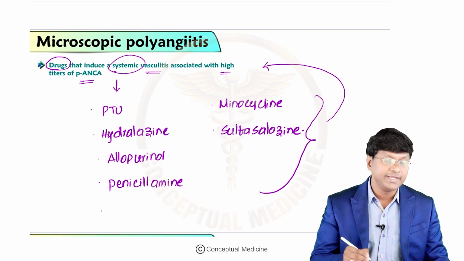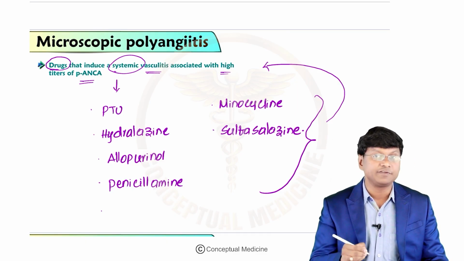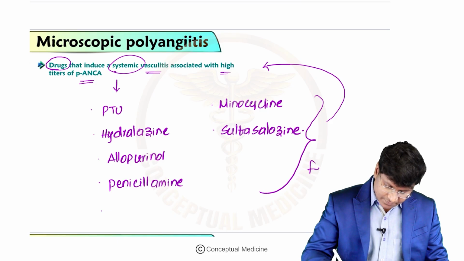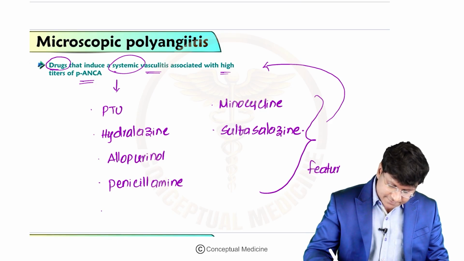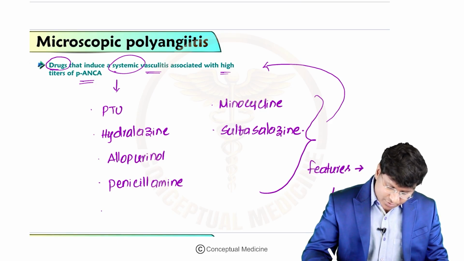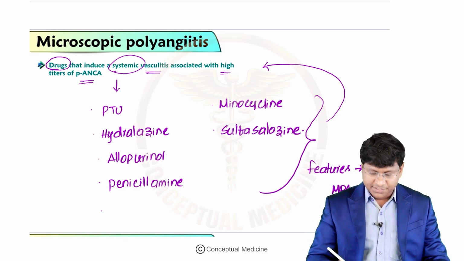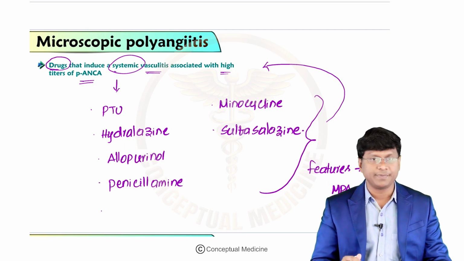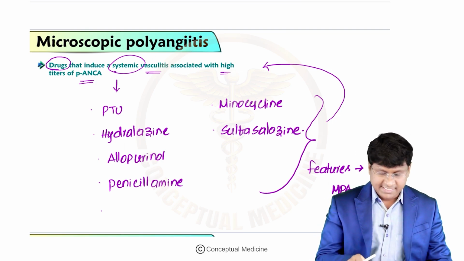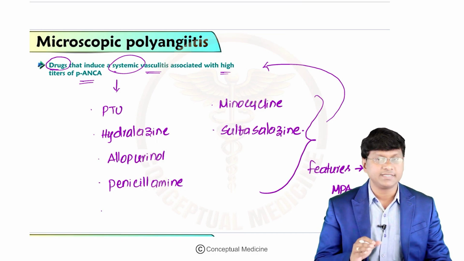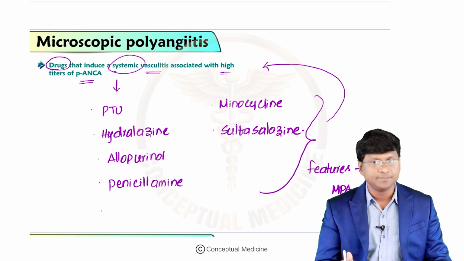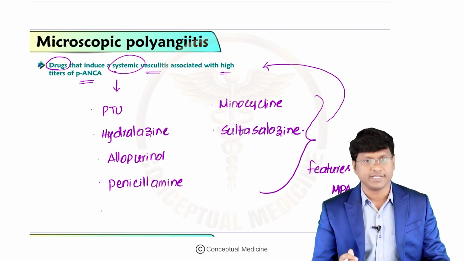These drugs induce vasculitis which has features similar to that of microscopic polyangiitis. So this slide is very, very important: the drugs which are associated with high titers of p-ANCA and features of microscopic polyangiitis.